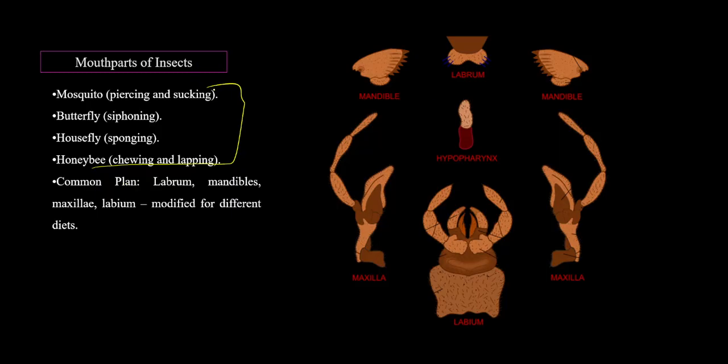The mosquito mouth parts are piercing and sucking type, the butterfly's is siphoning type, the housefly's sponging type, and the honeybee's chewing and lapping type, but their structure is the same. Labrum, mandibles, maxilla, labium are all there in all these organisms, but they are modified for different functions, according to their diets. Clear?